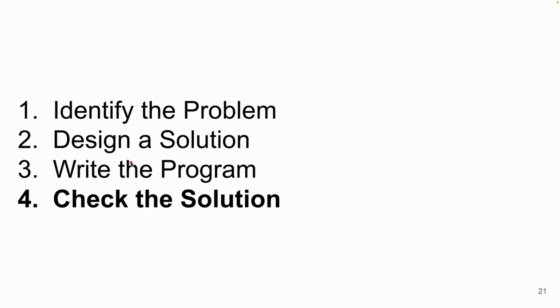Okay, so the final step is to check the solution. After I write my program, clear all the bugs, and pass the compiler, I need to check whether my program behaves the way I want it to.